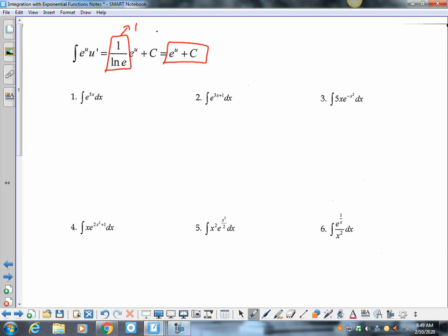Do y'all see it? So what's your u? What's your du? Okay, so what do I need? I need a 1/5 integral of.